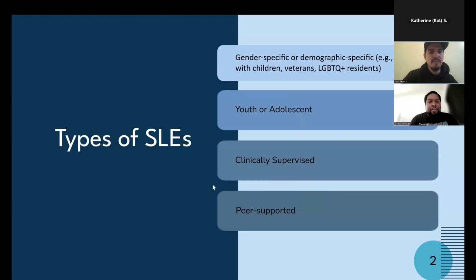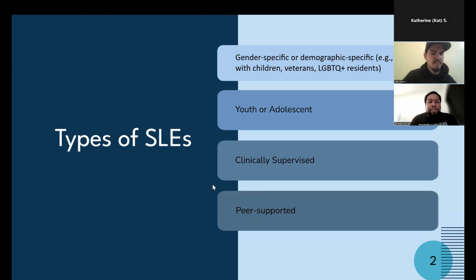So there are the gender specific or demographic specific types, and these serve populations like women, children, veterans, and LGBTQ residents. There are ones that serve youth and adolescents.